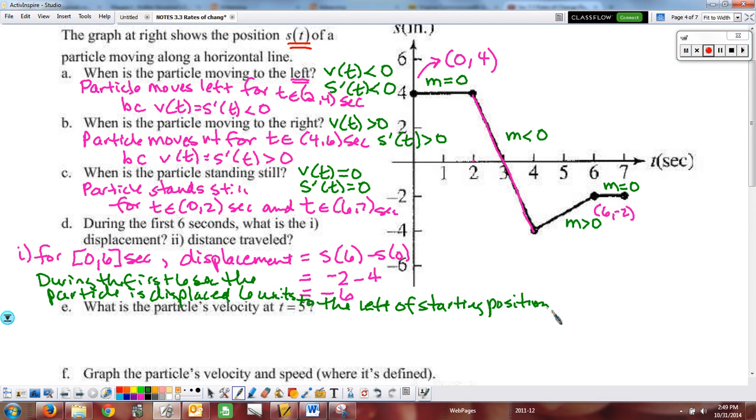And I know that I'm to the left because my displacement was negative. If my displacement had been positive, then I would have been to the right.